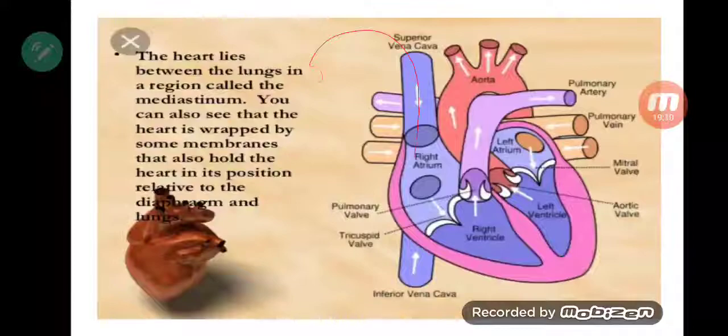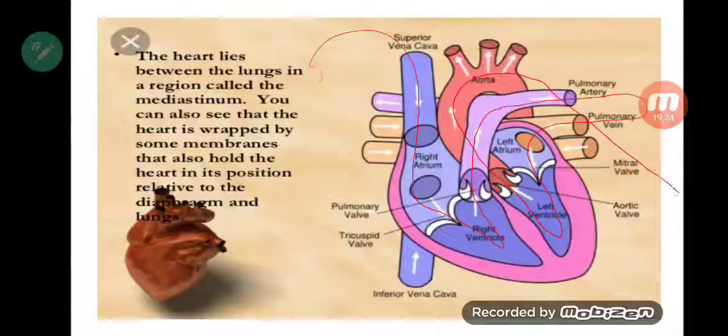Direction of the blood: through right atrium, right ventricle, pulmonary artery, then pulmonary vein, left atrium, left ventricle, aorta, and all over the body.